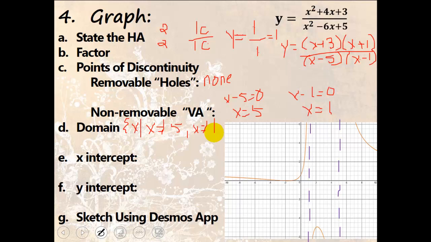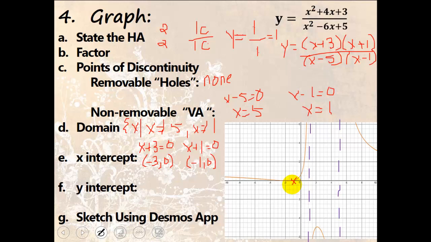My x-intercepts, there are going to be 2 of them. x plus 3 equals 0, so I have negative 3, comma 0. And then x plus 1 equals 0, so I have negative 1, comma 0. So I'm going to plot those here; I have to make an x because I can't get it that close.